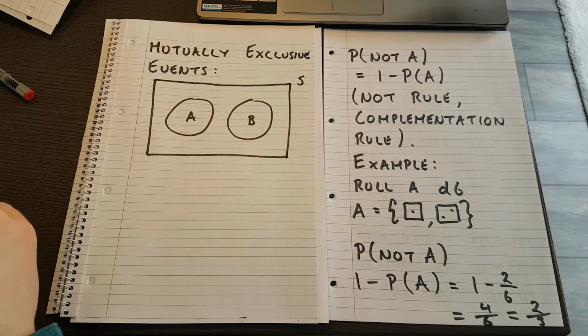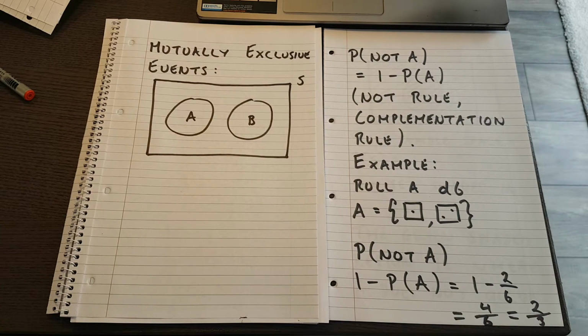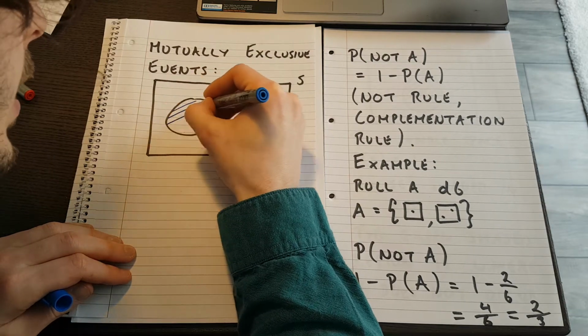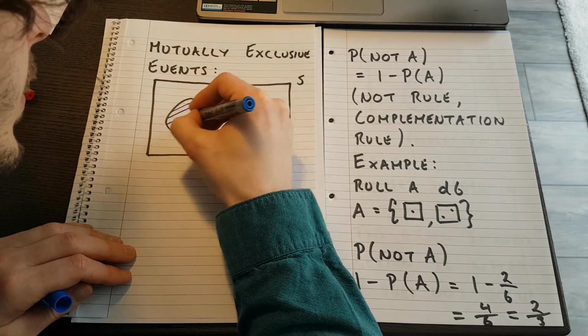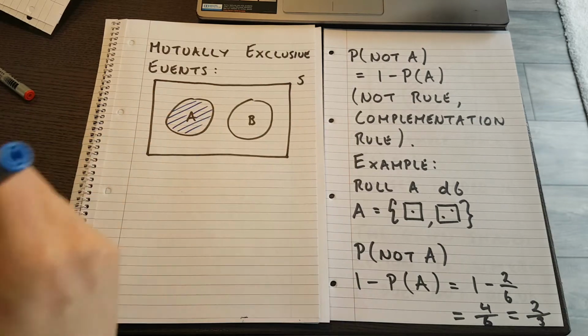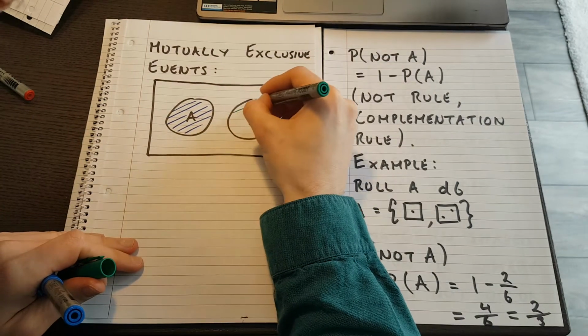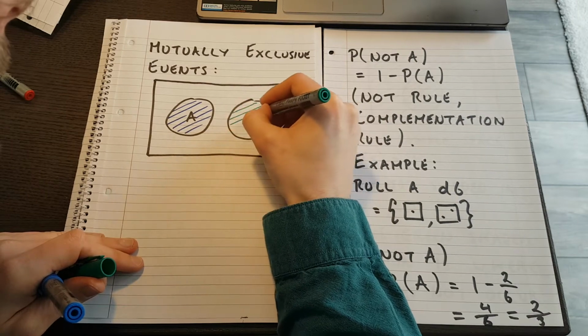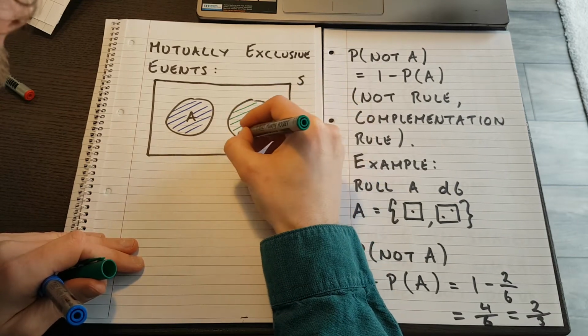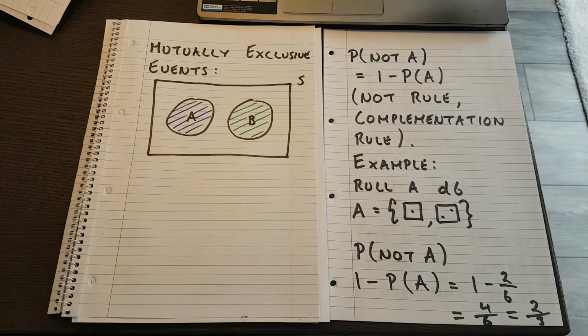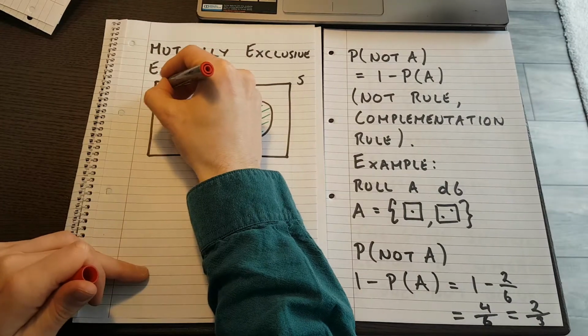Let me get some color here. We'll color A in blue this time, we'll cover B with green, and then the remaining area we'll make red.